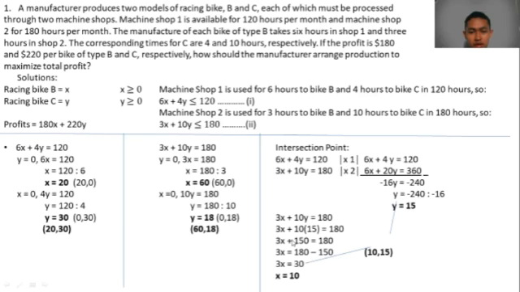Then we get 3x plus 150 equals 180, and 3x equals 180 minus 150. So we get 3x equals 30 and x is 10. So we get the intersection point: 10 for x and 15 for y.